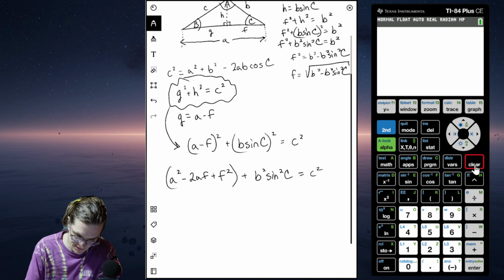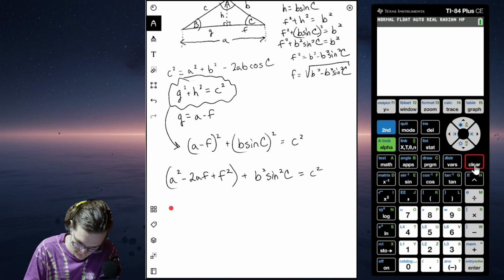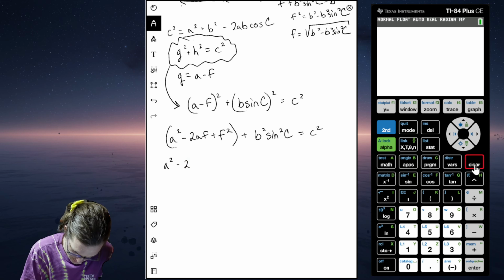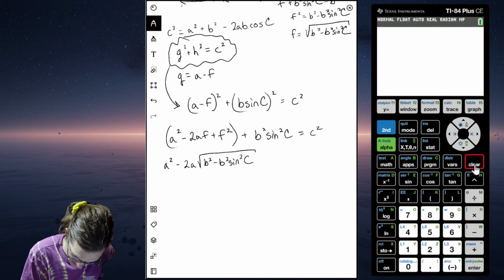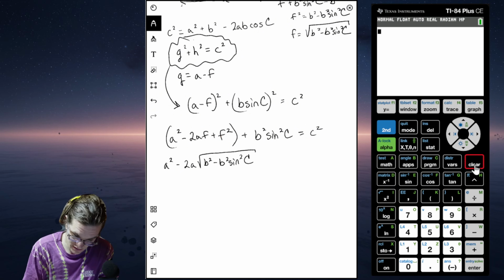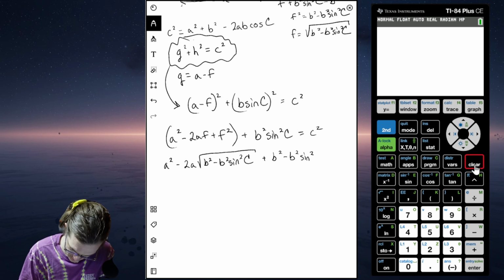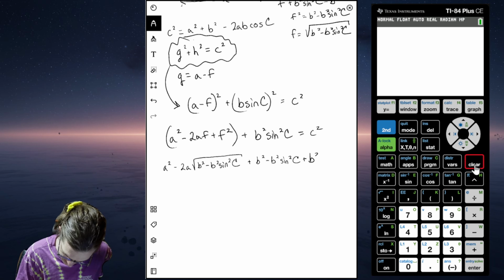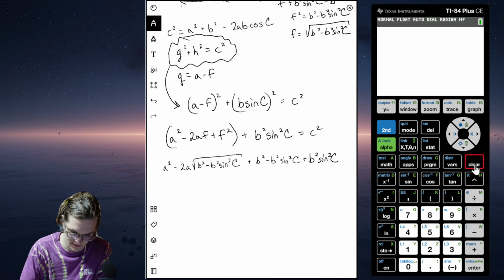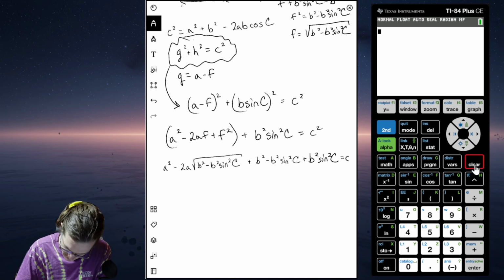Now we can put in this f, and it's going to get a little cluttered perhaps, but it'll work out. A squared minus 2af, where f is this value, square root of b squared minus b squared sine squared c, plus f squared, which is b squared minus b squared sine squared c, plus b squared sine squared c, right? Because I distribute this squared, boom, boom, equals c squared.